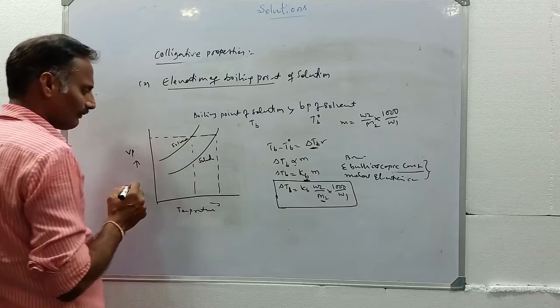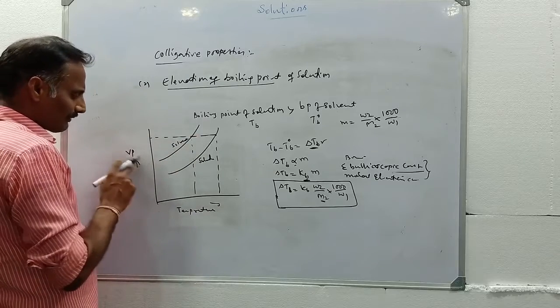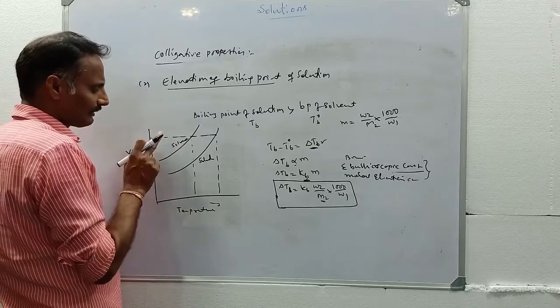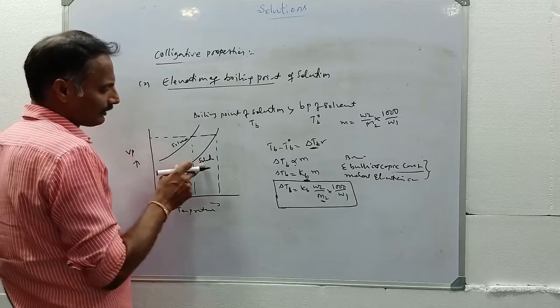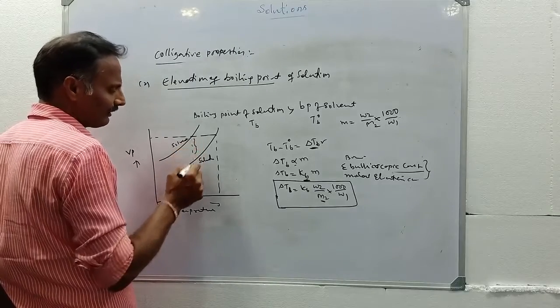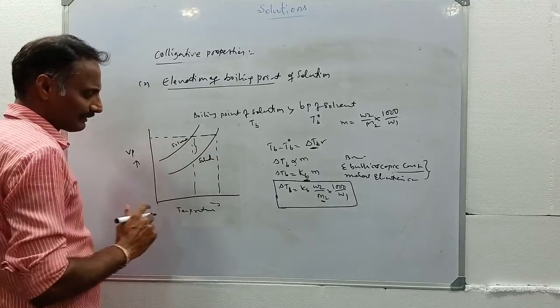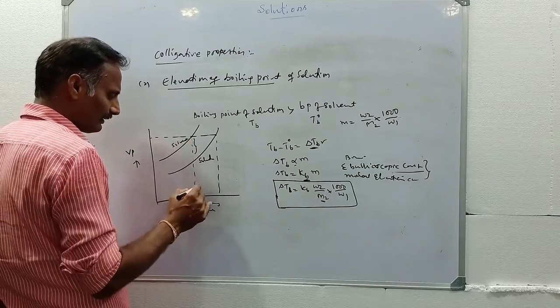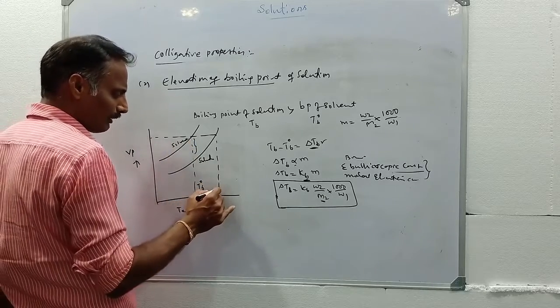The vapor pressure of the solution is less when compared to the vapor pressure of the solvent. The solvent has high vapor pressure and the solution has lower vapor pressure. Due to the decrease in vapor pressure of the solution, the boiling point increases. This is the boiling point of solvent, T0B, and this is the boiling point of solution.